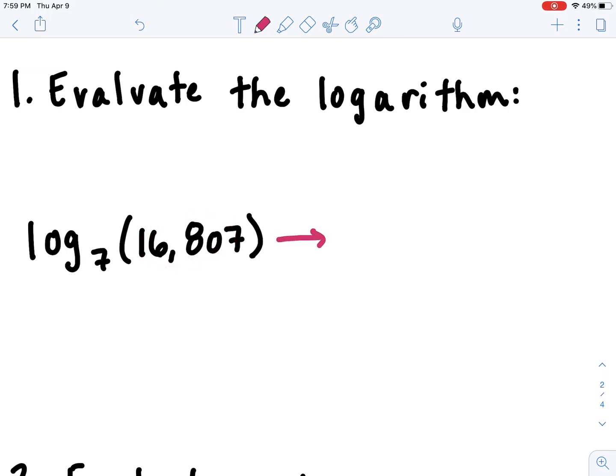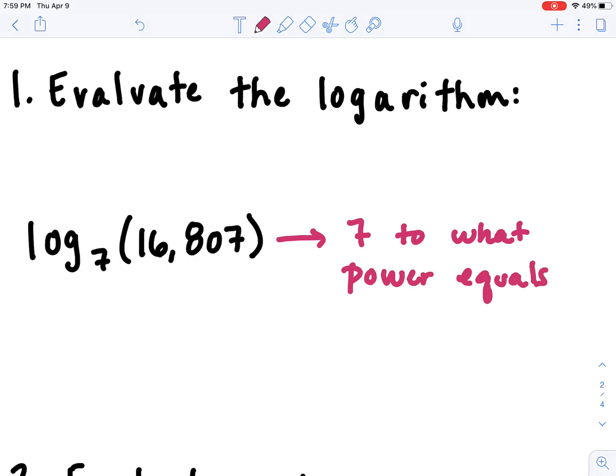So the question we want to ask ourselves is 7 to what power equals our answer number, 16,807? What's the missing exponent on 7? So at this point, you're going to want to check your exponent chart. Hopefully you guys can all access that. I have it attached to this post again.